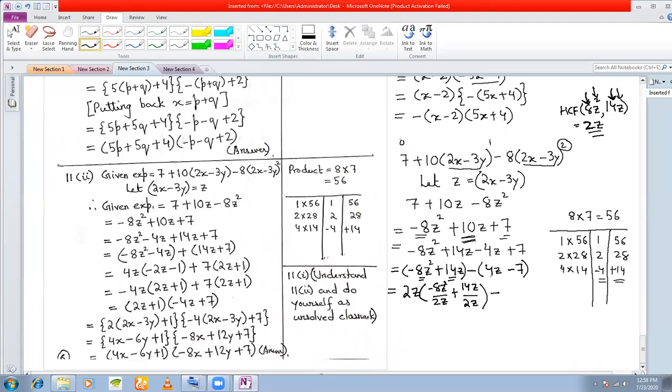So minus, now HCF of 4z and 7 is simply 1, isn't it? 4z minus 7. So now see what happens. You are left with minus 4z here plus 7 minus 1, 4z minus 7. Now is that clear? Yes. Okay. So now what happens?